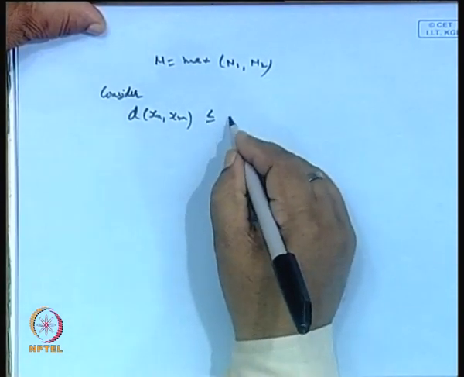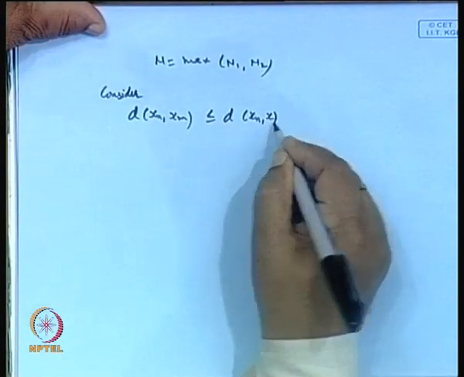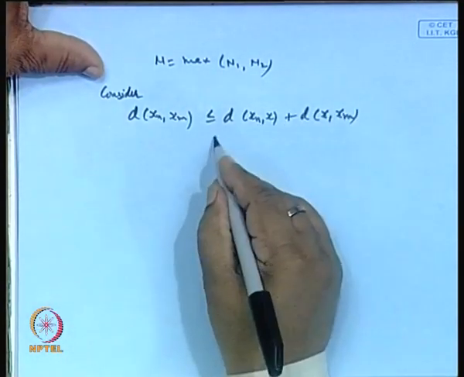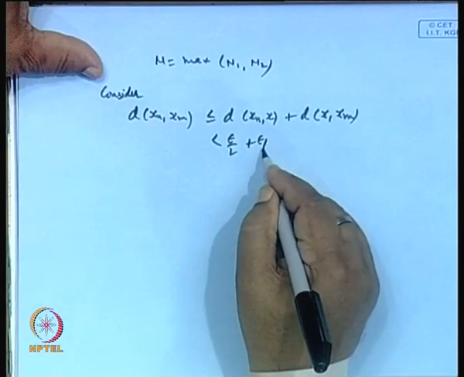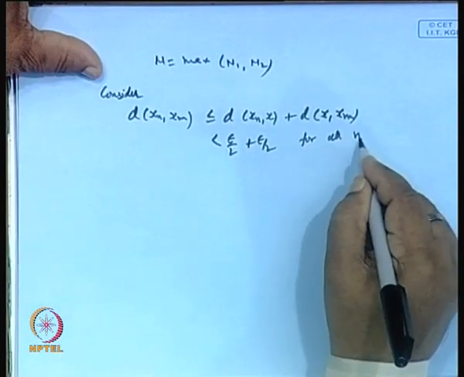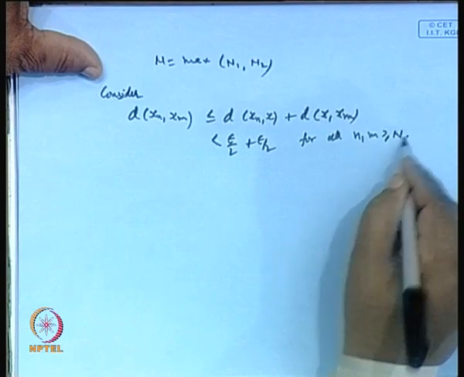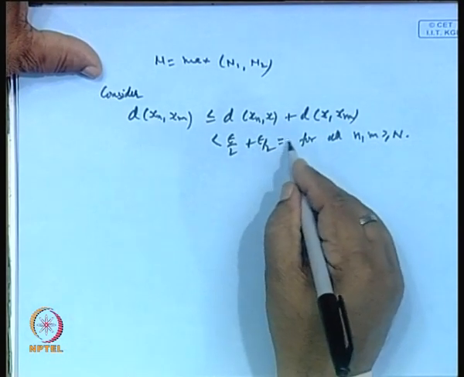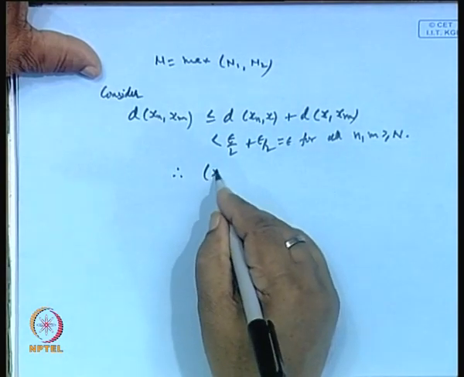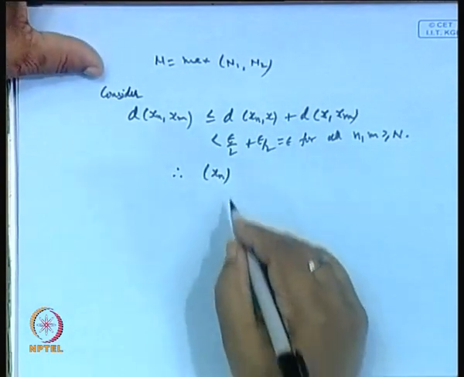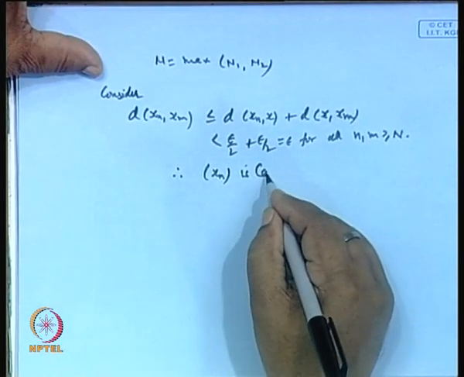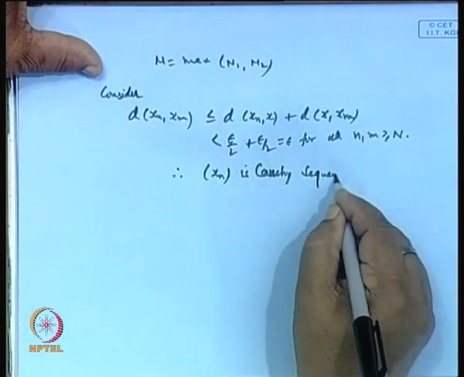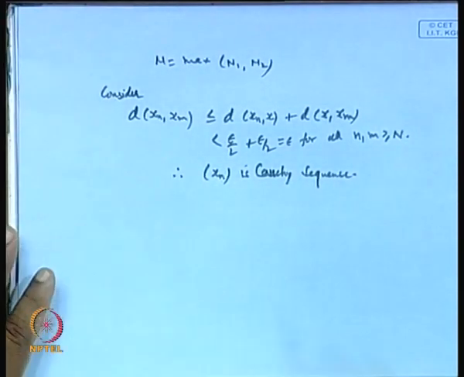Now, this will be less than or equal to d of x_n comma x plus d of x comma x_m. This is less than epsilon by 2, this is less than epsilon by 2 for all n, m greater than or equal to capital N. Therefore, this whole thing will be less than epsilon, hence we say the sequence x_n is a Cauchy sequence. So, this completes the proof. The converse we have already discussed.